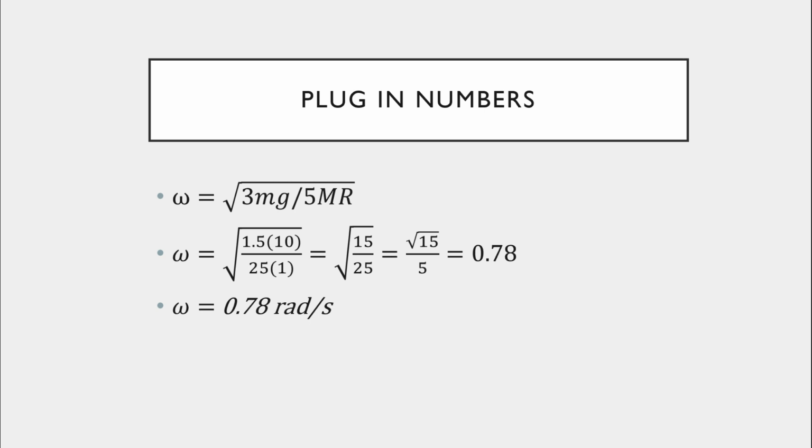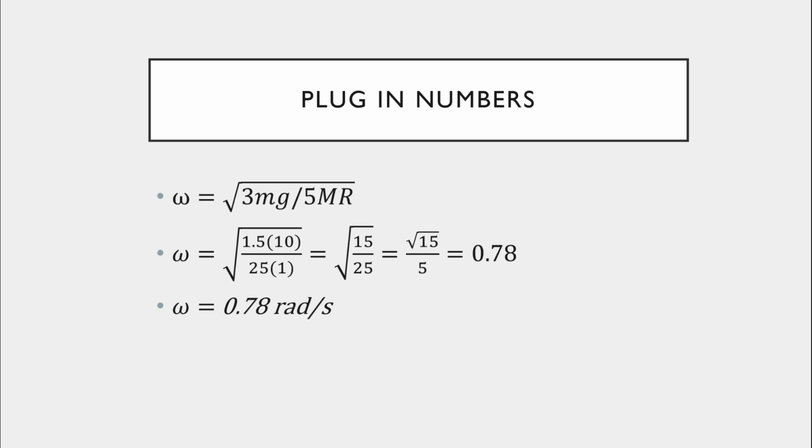At the top here, we put the mass of the hollow ball as 0.5. Multiplying that times 3, you get 1.5. And then we rounded gravity up to 10 meters per second squared. Then we divided that by 5 times the mass of the box, which we decided would be 5 kilograms.